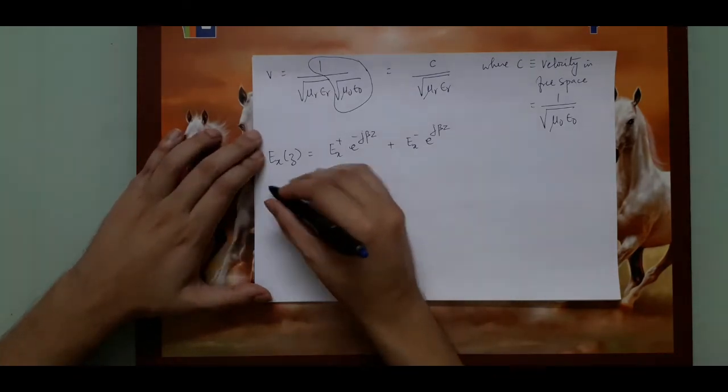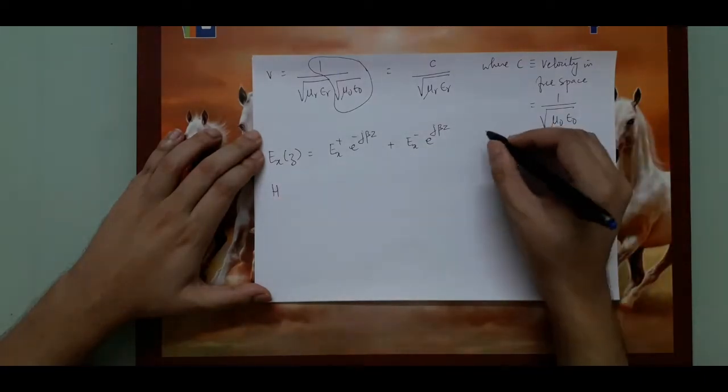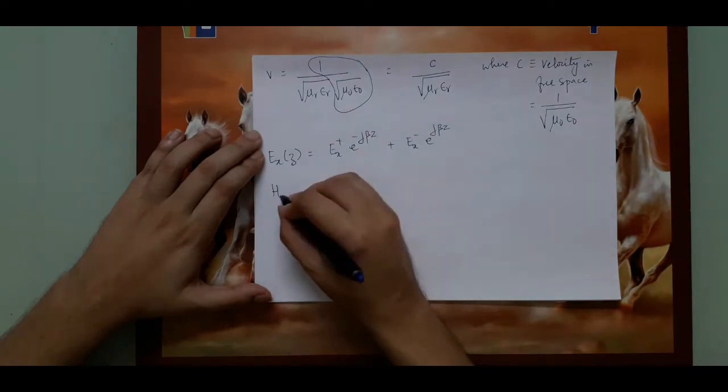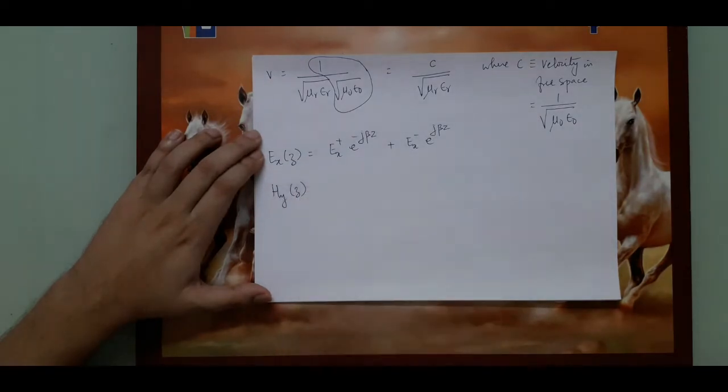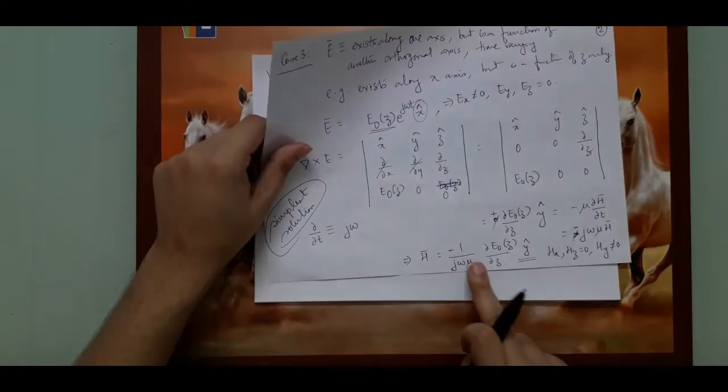So we had proved that for Ex, which exists along the x direction but as a function of z, you will have Hy, which is also a function of z. And that, as we proved just a few minutes back, was something of this kind. So let us put that.